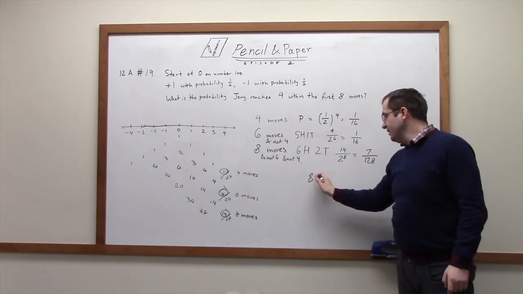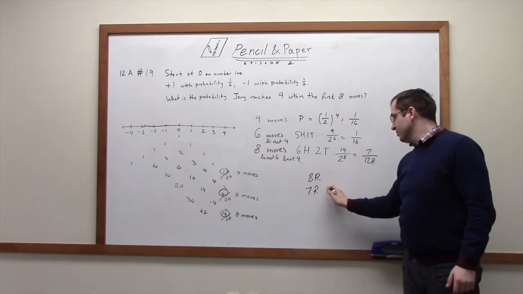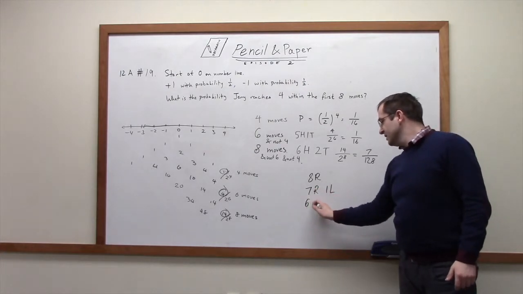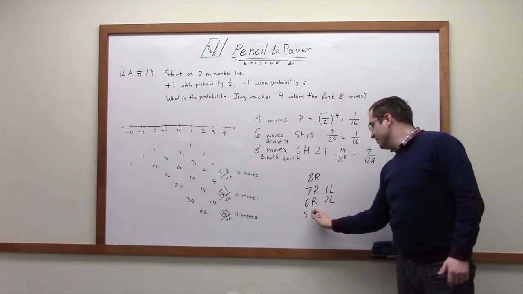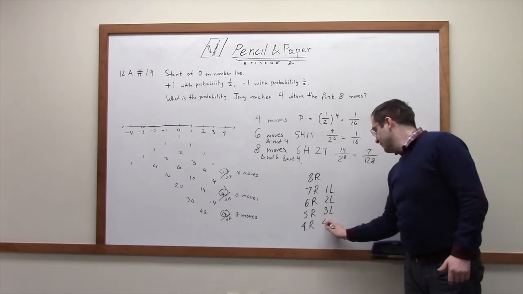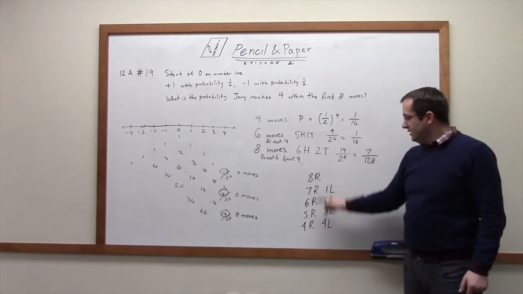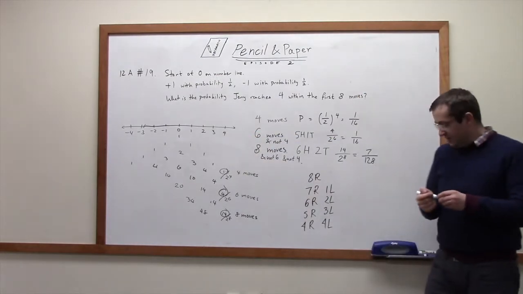I can have 8 moves to the right. I can have 7 moves to the right, 1 to the left, 6 to the right, 2 to the left, 5 to the right, 3 to the left, 4 to the right, 4 to the left. These are the only chances I get to the point 4 from 0, right?